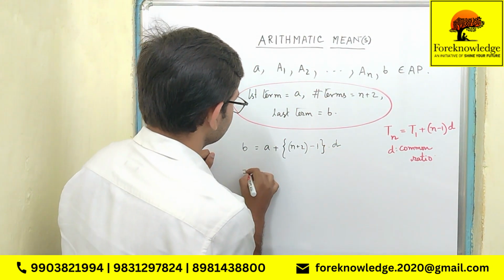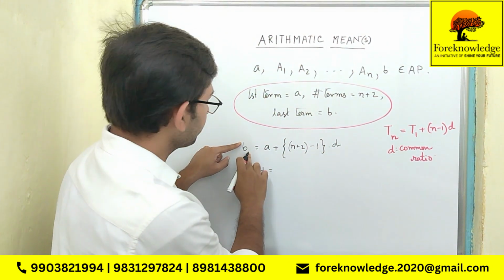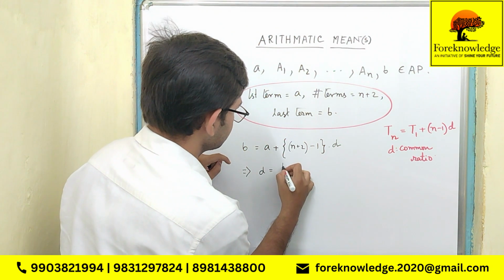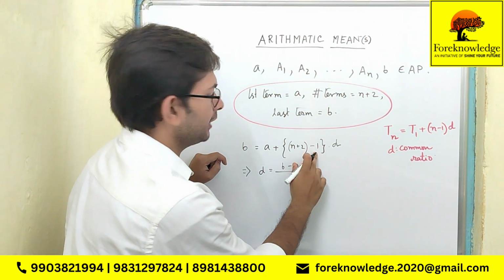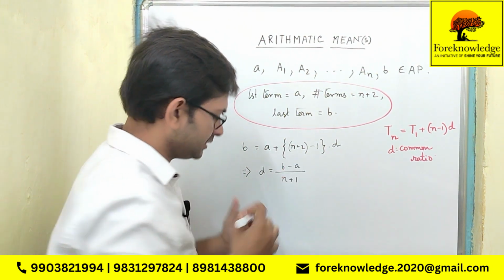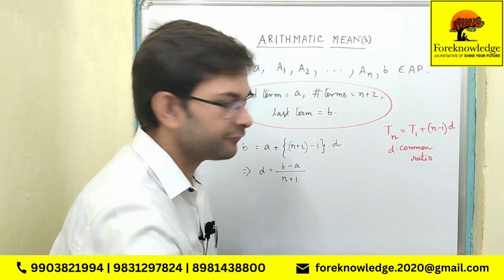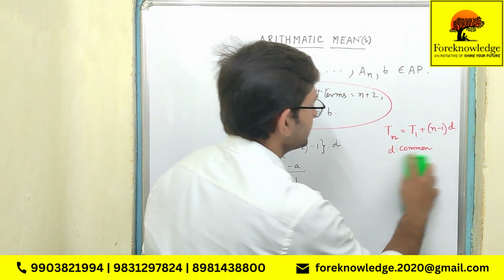So what is D? D is nothing but B minus A whole divided by n plus 1, since n plus 2 minus 1 is n plus 1. So this is the common difference. Extremely sorry, I mentioned common ratio here.